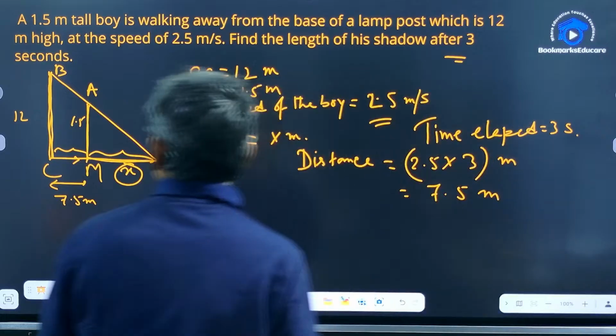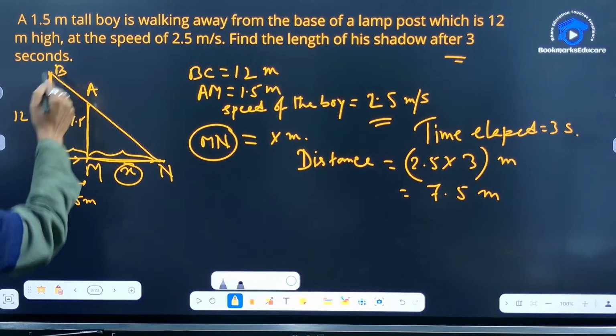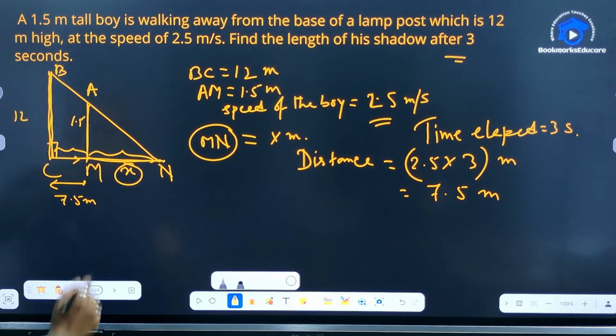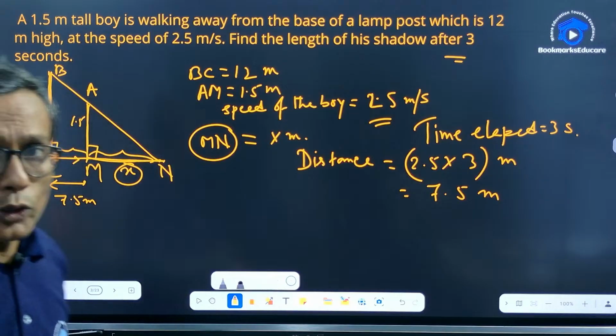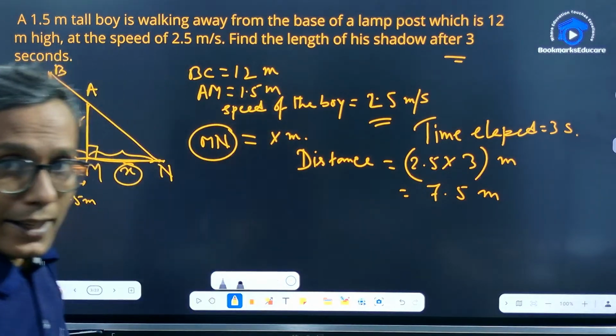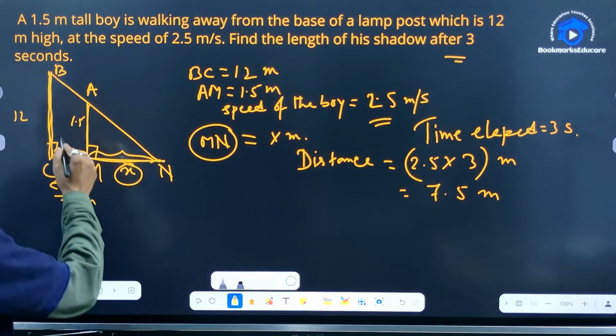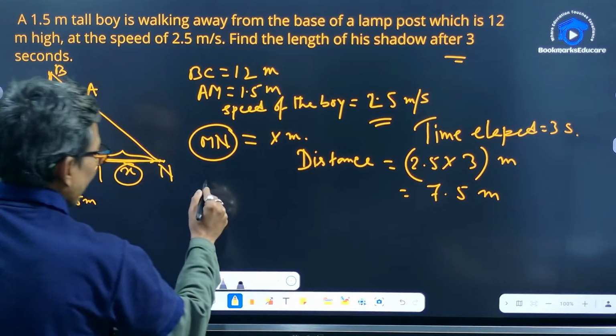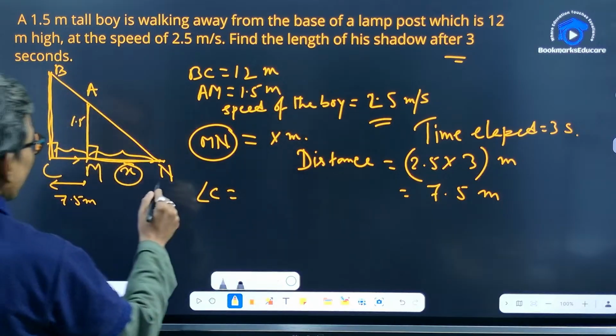Now, triangle BCN is a right angle triangle and triangle AMN is also a right angle triangle. So these two right angle triangles are similar to each other.